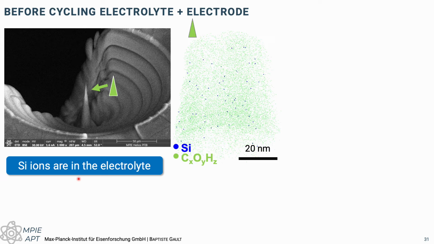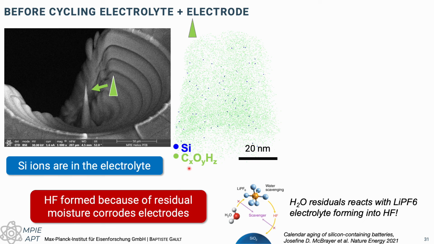We analyzed initially just the frozen electrolyte, and we see a number of different carbonate chains. But amongst these carbonate chains, there was also the trace of silicon, and silicon ions individually spread across the matrix.